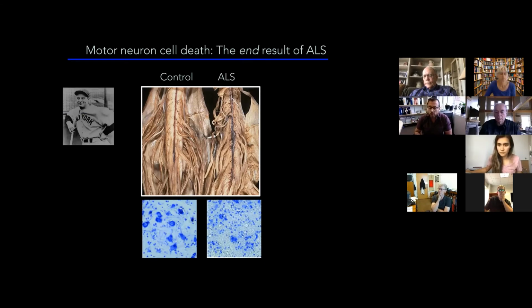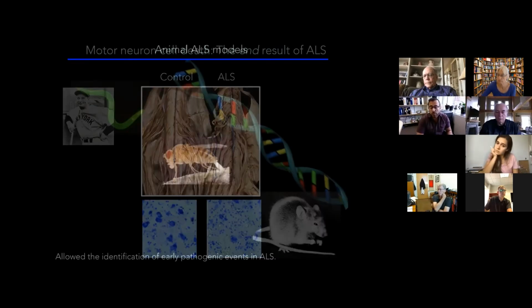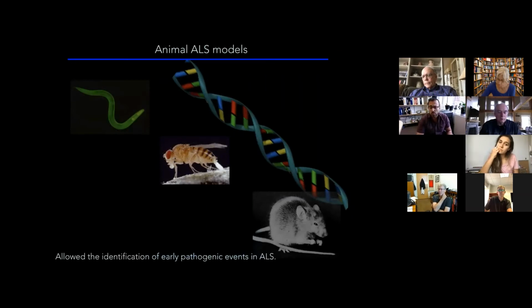We learned through many years of research that there's a dramatic atrophy of the spinal cord tissue, which is manifested here on the right. If you were to slice this spinal cord and look at the ventral horns, you will see a massive degeneration of these large cells, which are the motor neurons, absolutely critical for the execution of our voluntary movements.